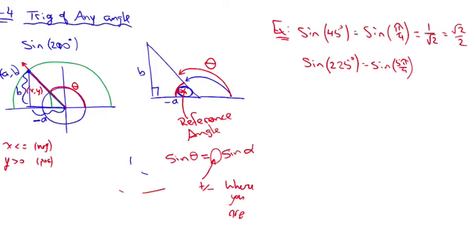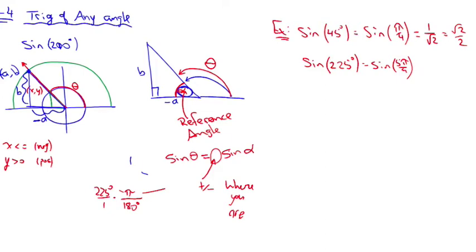How do you change degrees into radians? Little review. If I have 225 degrees, 180 degrees is 1 pi, so multiply by pi over 180. Make sure those degrees are opposite of each other, one on the top, one on the bottom.